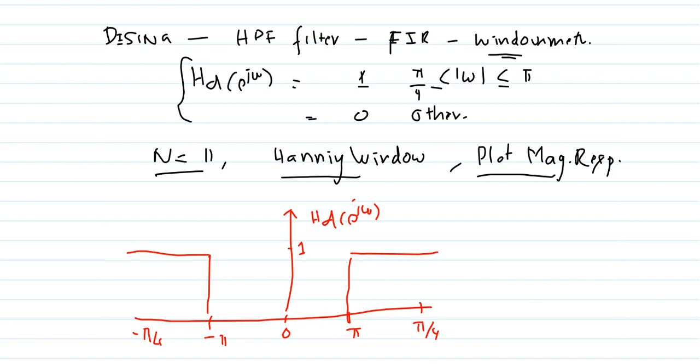So what is the concept of the Windows method? In the Windows method, the question will give HD of e power j omega. The first step is you have to take the inverse Fourier transform, and you'll get HD of n.